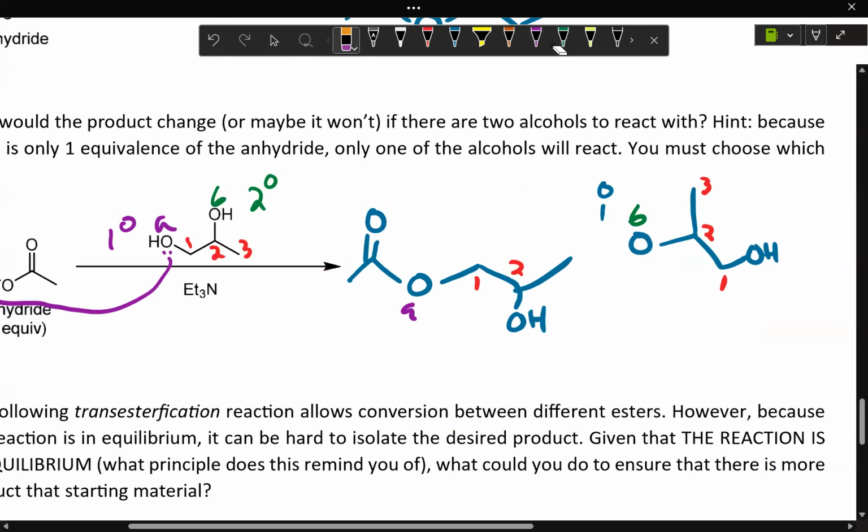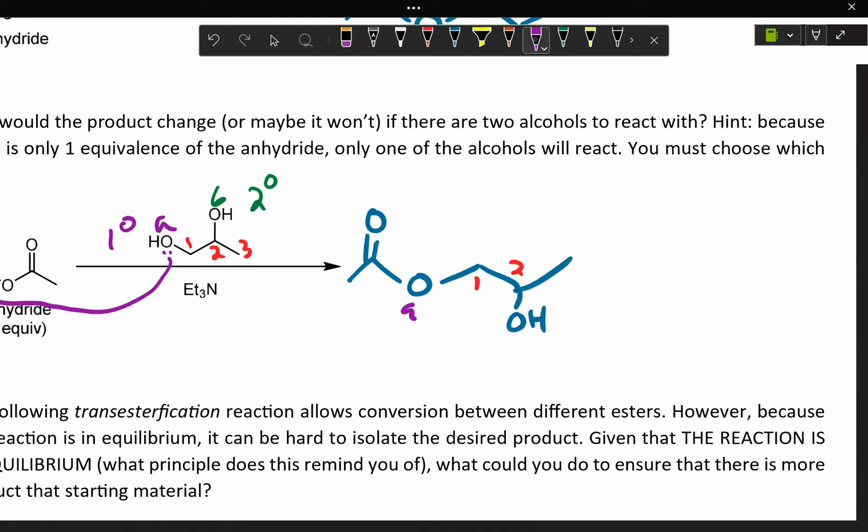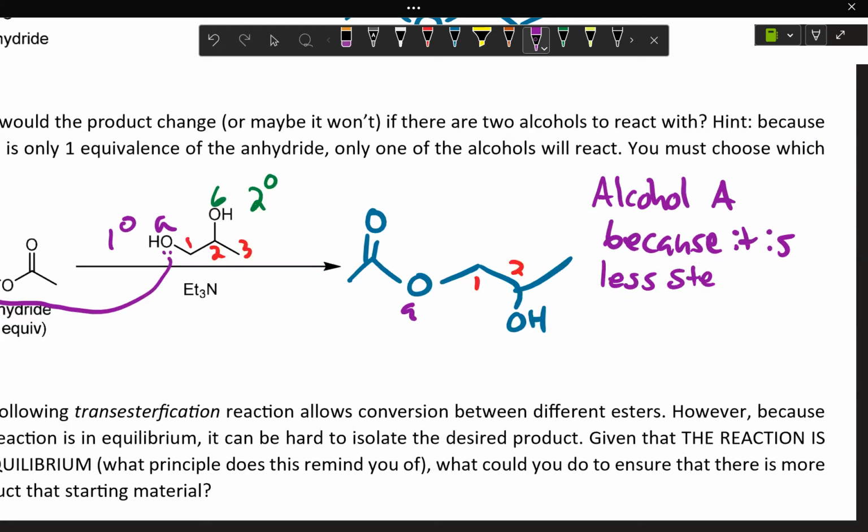So it's going to be oxygen A, or let me write alcohol A. Alcohol A because it is less sterically hindered.